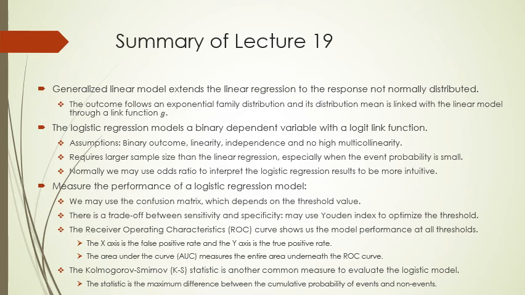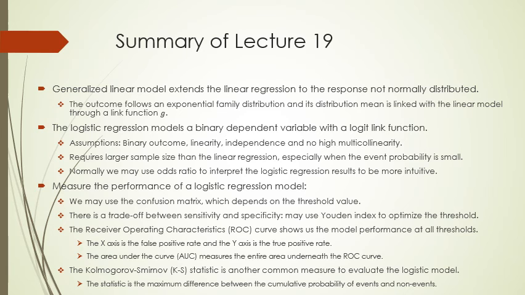Fourth, the independent variables are not highly correlated. The logistic regression also requires a larger sample size than the linear regression, especially when the event probability is low. Normally, we may use odds ratio to interpret the results to be more intuitive.